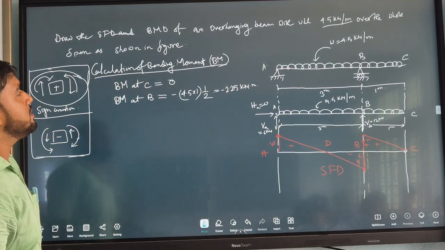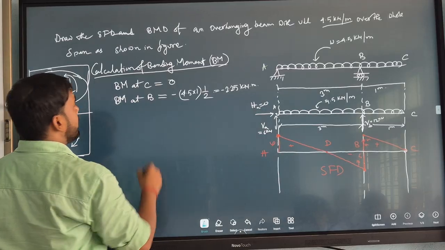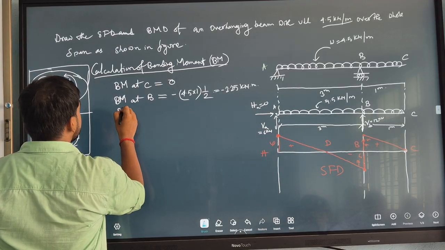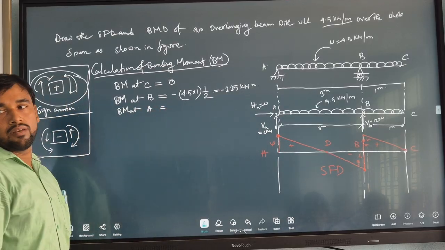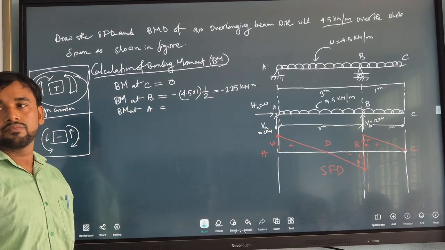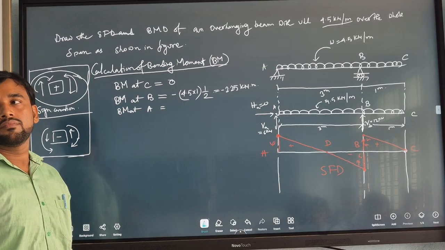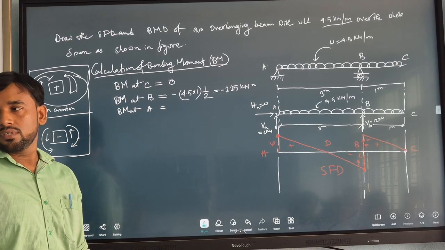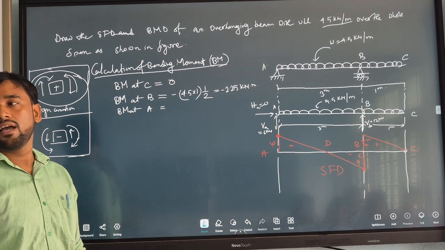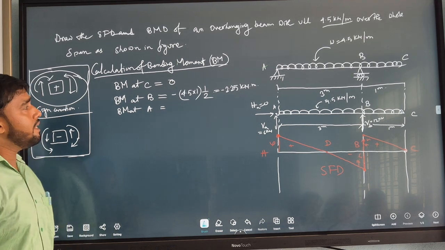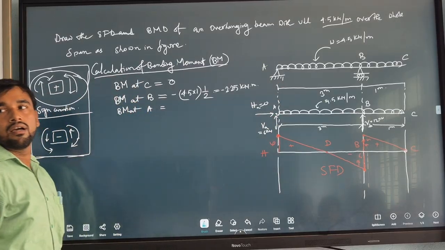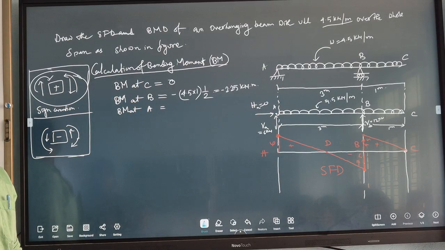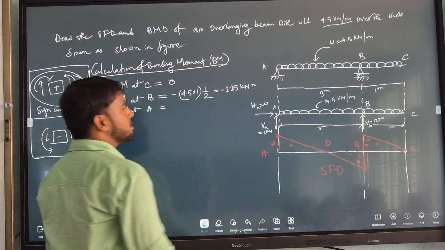Now bending moment at A. At A, how much? Anyone? Bending moment at A, not shear force.